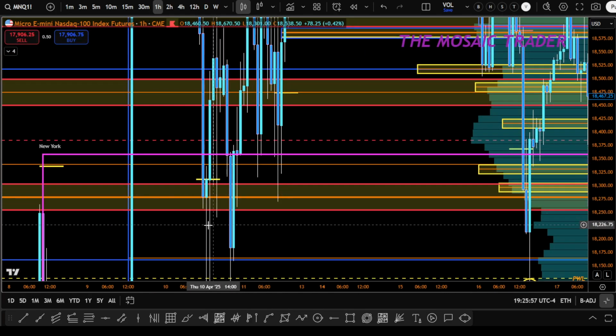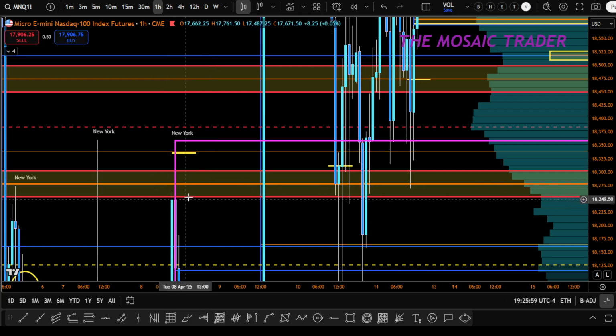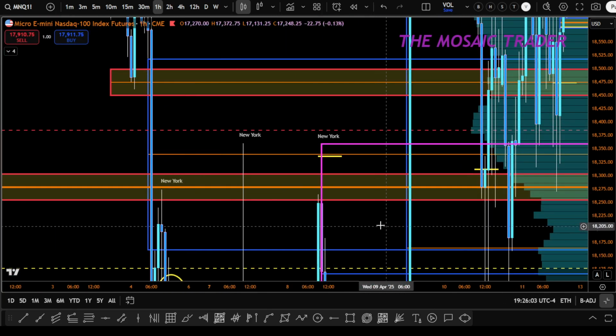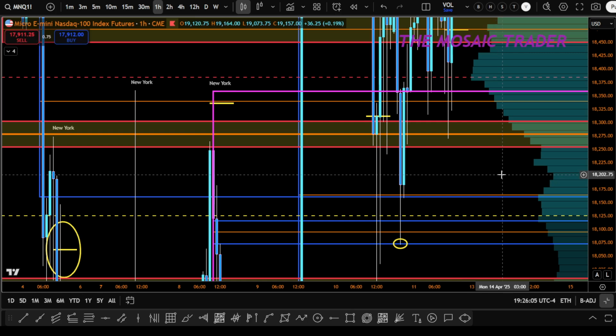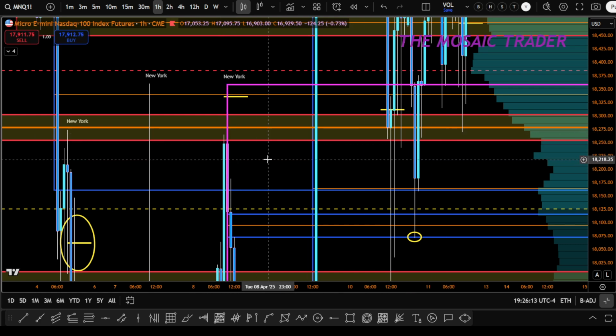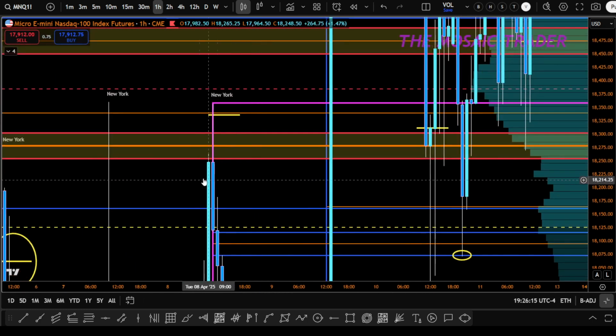Here again, and here, look at that, and here again. So these areas, these nodes with very high volume, they work. And look at here. All right, one down here.